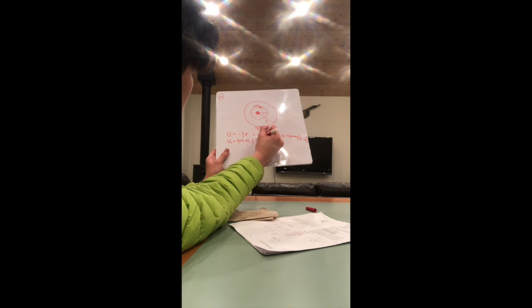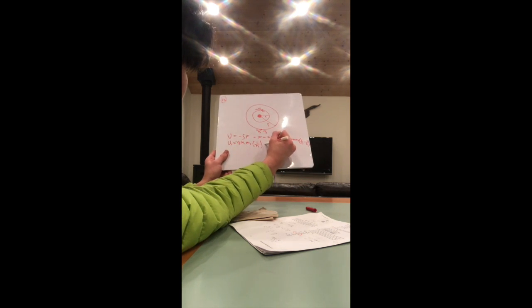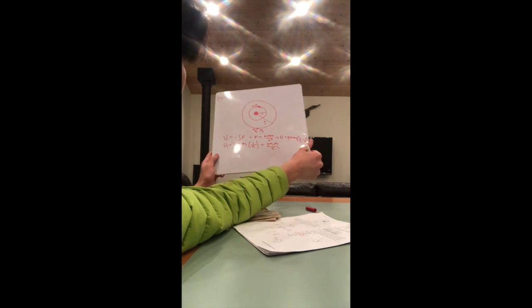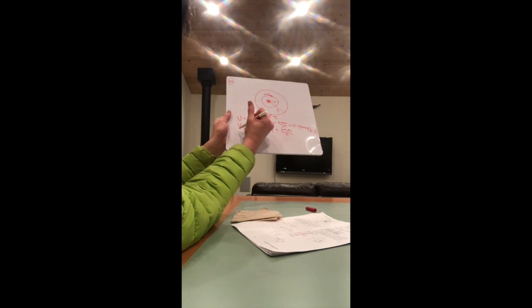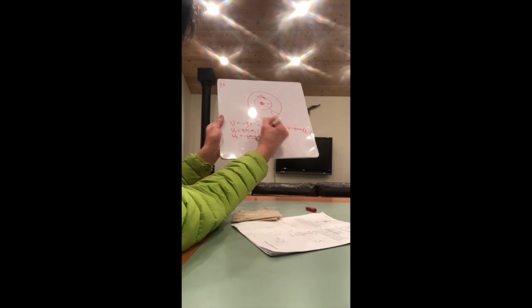So we just have 1 over r1, and this is negative, but it doesn't matter because we're doing a ratio. So we just get G M1 Ms over r1. And if we repeat the same process for U2, it equals negative G M2 Ms over r2.